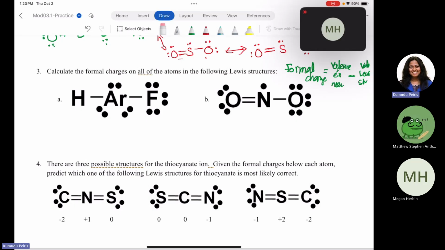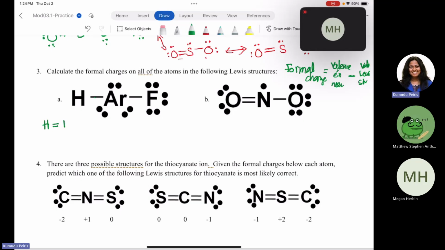Look at the hydrogen. How many valence electrons in hydrogen, right? Hydrogen has just one electron in its valence shell. When you are calculating the formal charge, you count only one electron from each bond. When you are calculating the octet, you count both electrons.